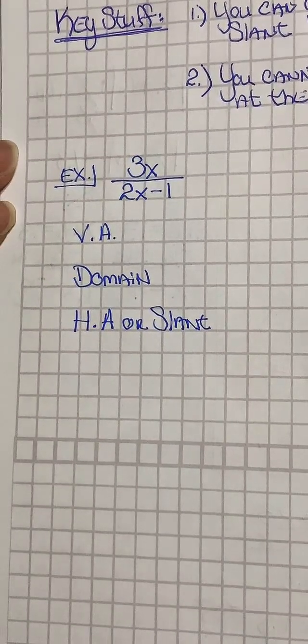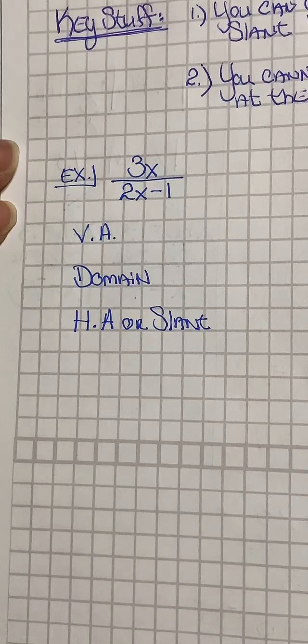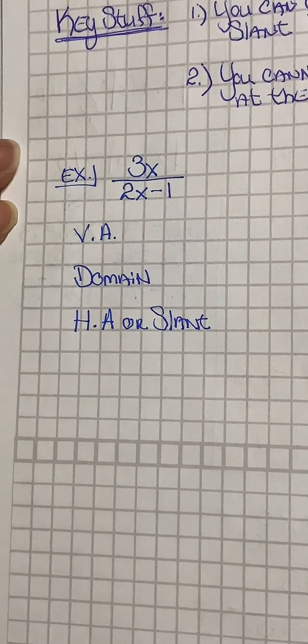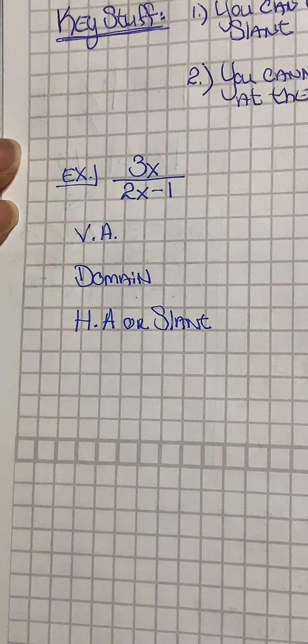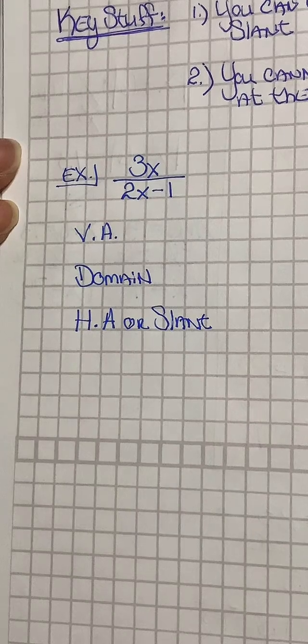All right, so walking yourself easy. What will be the VA? Let's start with the VA first. The VA is your vertical asymptote.